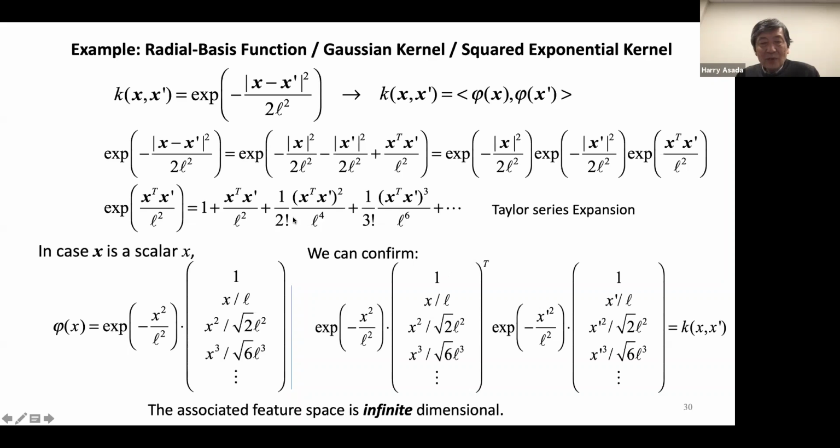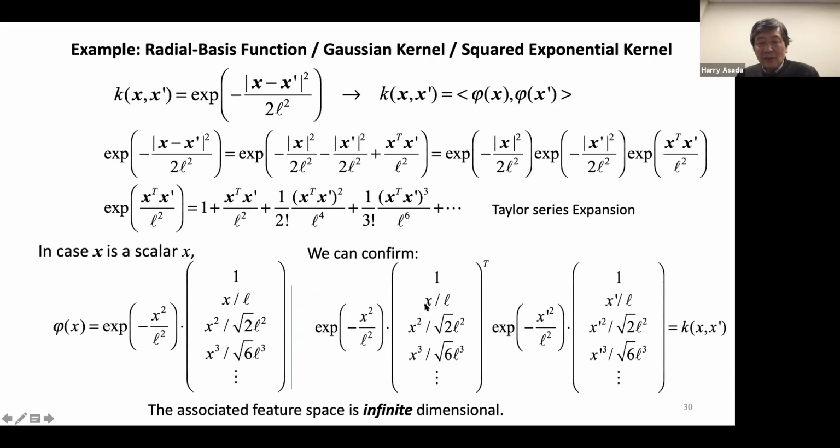So first one is 1, which agrees with this. And then the second term, if you multiply this and this, it provides this, right? Third term, square root of 2 times square root of 2, and then the fourth, and then x, we're dealing with the scalar case, x squared, x prime squared, that actually agrees with this, right?